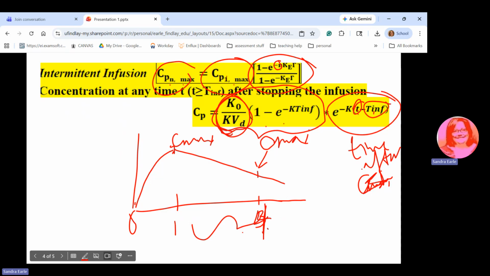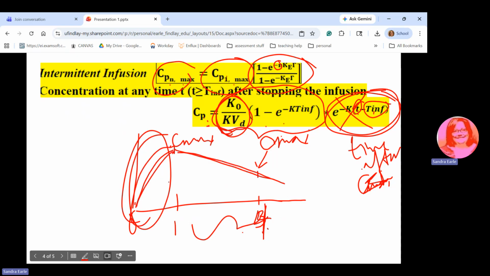You have to be careful. Again, these two concentrations have to be T time apart, because this cannot be part. You can't use this as drug is being added, only if it's falling. Okay, that's important.